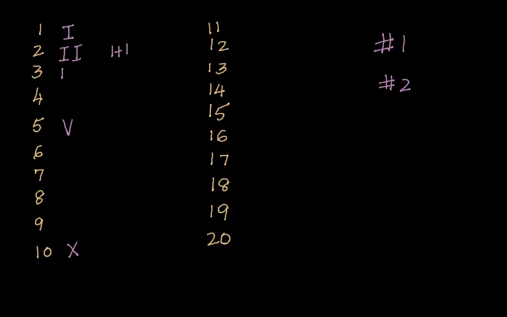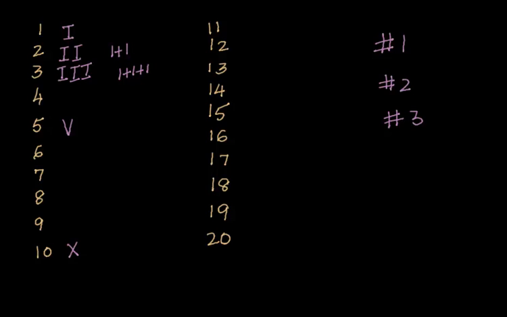Similarly, we can write three 1 symbols side by side, because 3 can be written as 1 plus 1 plus 1. But we cannot repeat the symbols more than 3 times. So that's why we cannot write 4 by making use of rule 2.